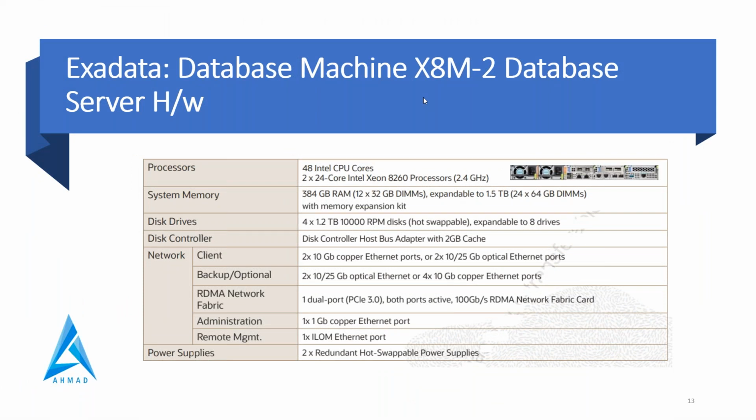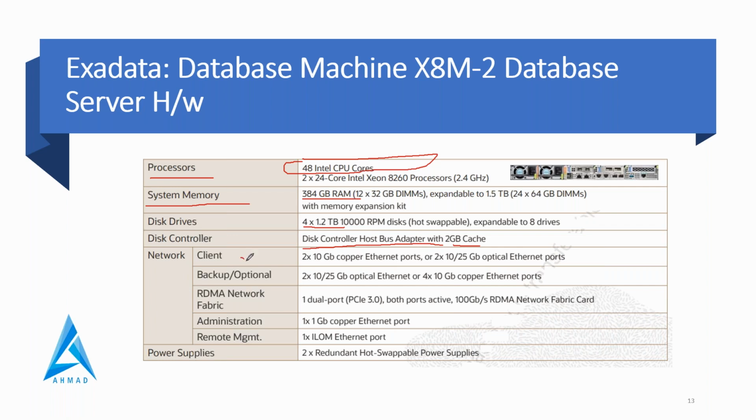Now in this slide, this is the Database Machine X8M-2 database server hardware. Just now I talked about the processors, which are 48 Intel CPU cores, system memory 384 GB RAM, disk drives 4 x 1.2 TB, and the disk controller is a host bus adapter with 2 GB cache.